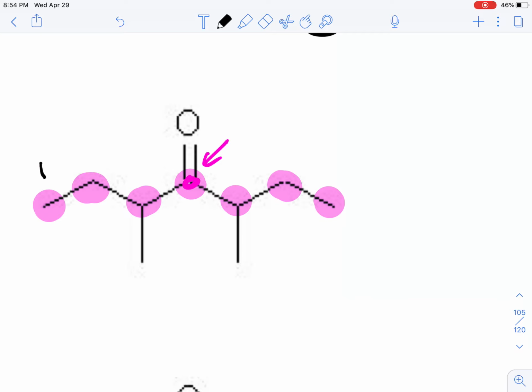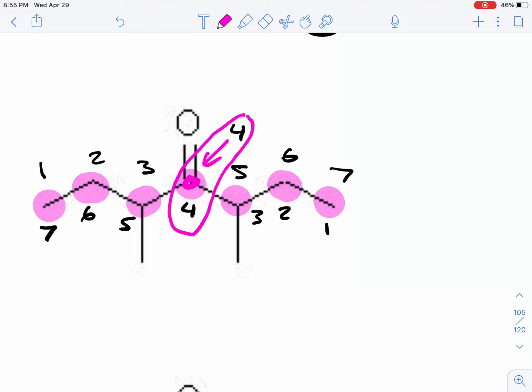So here in this case, I have 1, 2, 3, 4, 5, 6, 7. So this is my numbering system if I go from left to right. If I go right to left, I have 1, 2, 3, 4, 5, 6, 7. And so what I'm going to do is look at my first point of difference for the ketone, the carbonyl carbon.